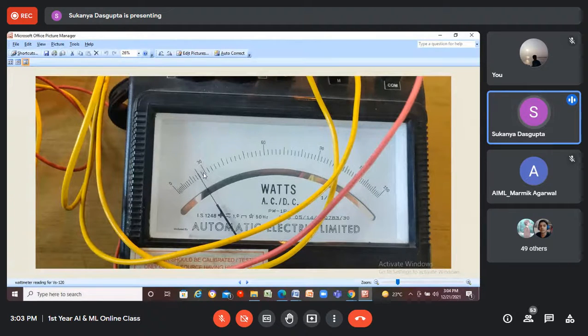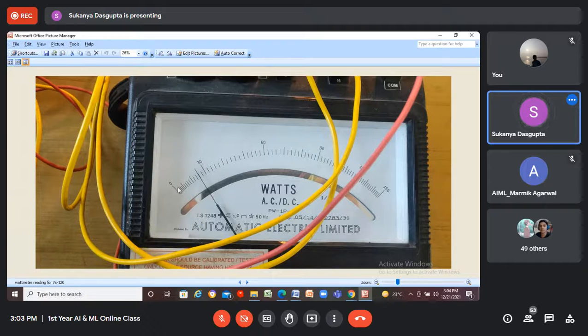Like if it is 30 and if it is 60, and in between we have two bigger intervals like one at 40 and one at 50, and between 30 and 40 there are 5 divisions. So each division will be having two watts. So 32, 34, 36, 38, 40, like this.